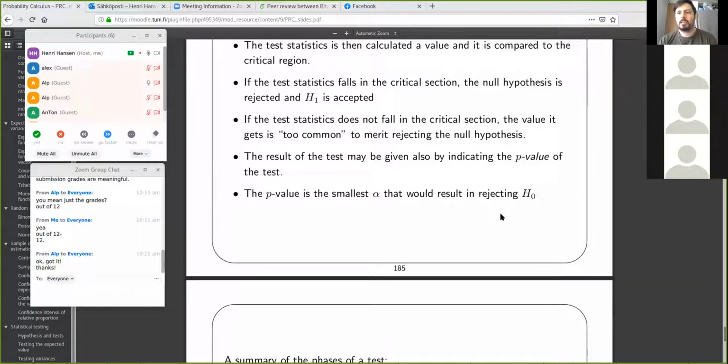So understand the difference between there being a difference and the difference being statistically significant, or the difference itself being significant. So you may find, for example, let me give an example. You may find that a certain medication helps in some illness statistically significantly.